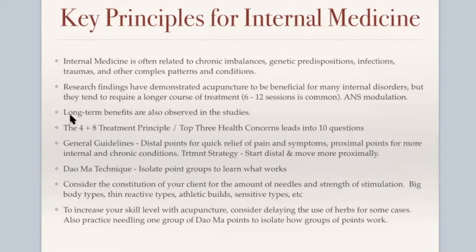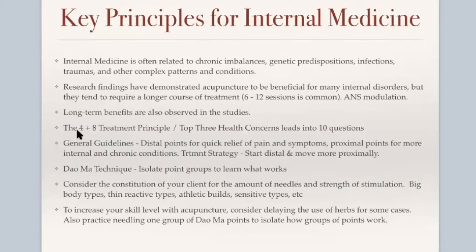You can take them through 6 to 12 sessions in a few weeks or a month or whatever, and then they'll get benefits for the long term. Typically in a lot of the research, they look at it 6 months later and a year later, and they find that the improvements made in those 6 to 12 sessions often do have long-standing benefits. I think that's a really important thing to understand and be aware of.